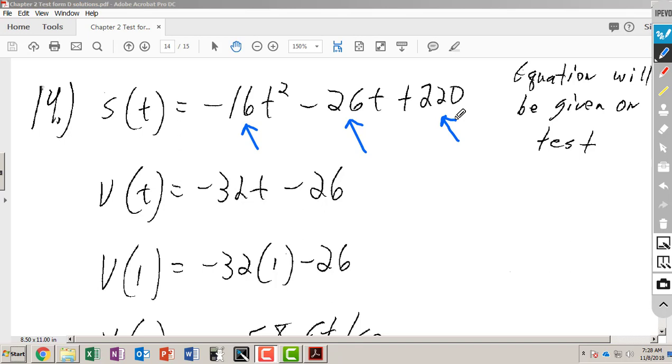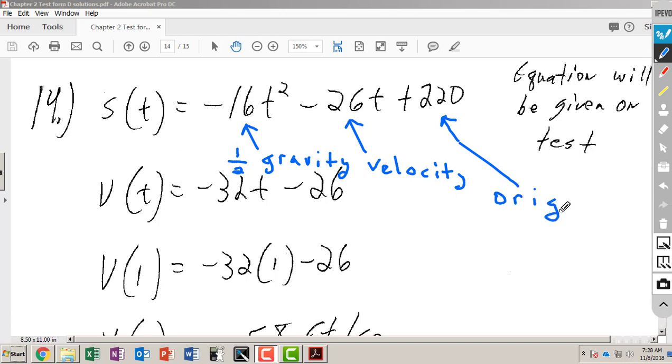So this first part is half of gravity. And since the pull of gravity is 32 feet per second squared, half of 32 is negative 16. This is being thrown downward. This is your velocity. And this, of course, is your original position.